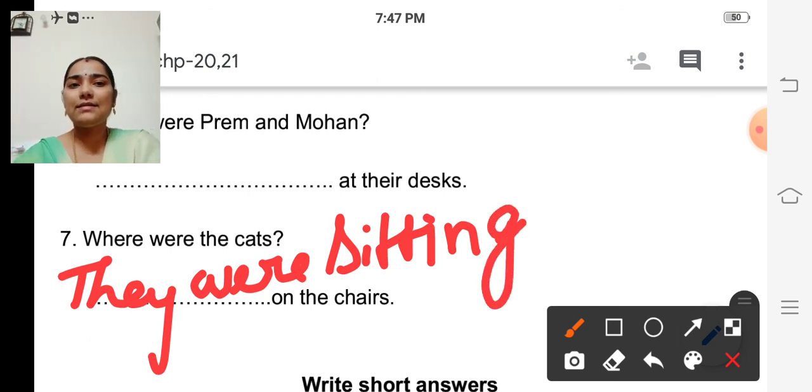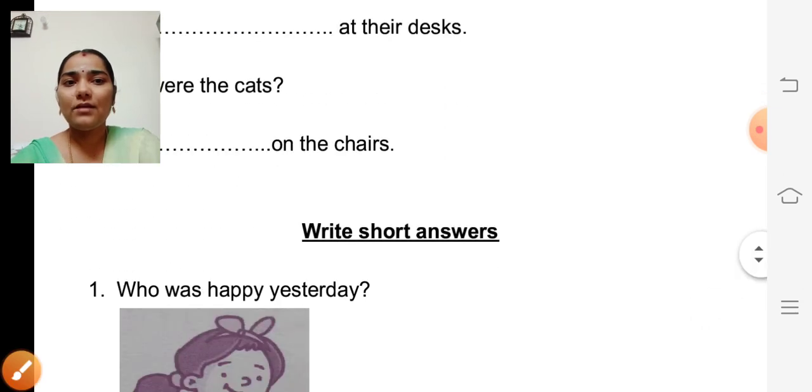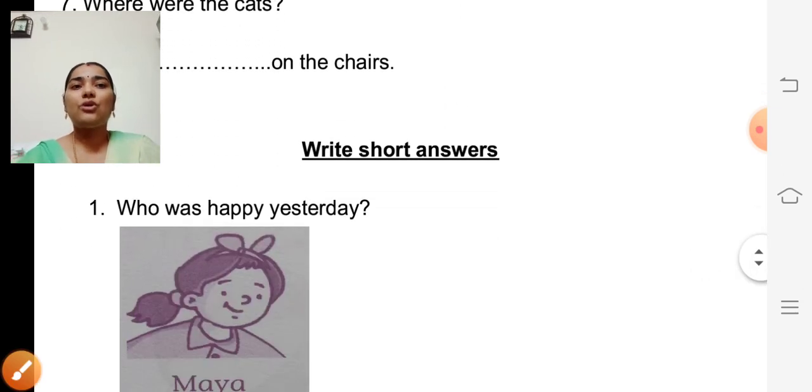Is it clear, children? Because there are two cats, isn't it? It is plural. So we are using were. They were sitting on the chairs. Is it clear? Yes. Shall we move on to the next one? Yes.